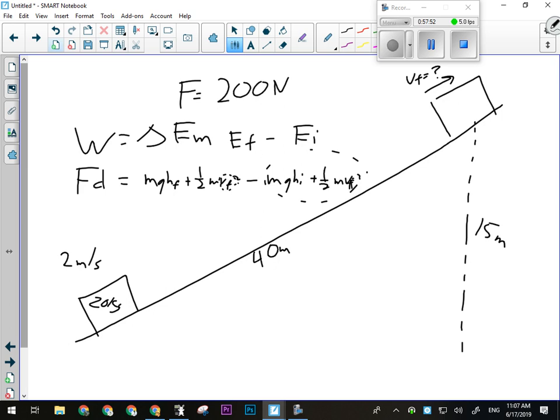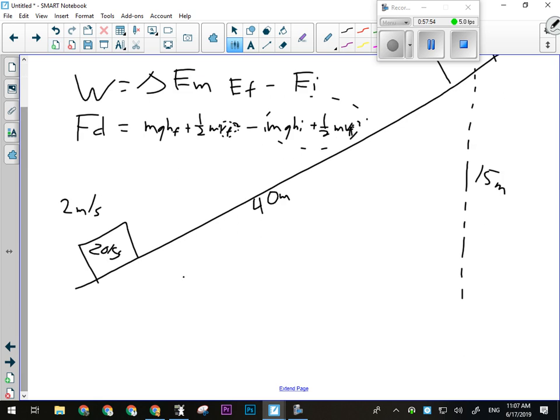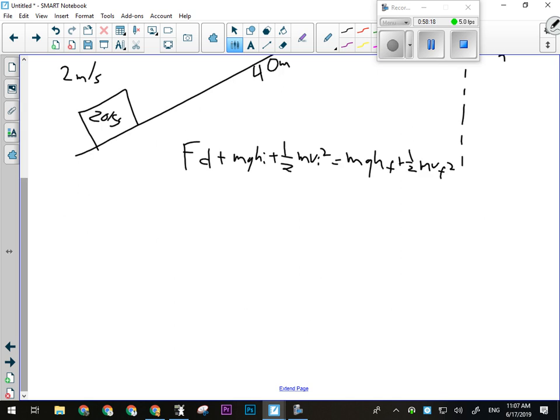All right, so that's my first step. I'm going to have force times distance plus m times g times h initial plus 1/2 mv initial squared equals m times g times hf plus 1/2 mvf squared. What can I do with this? Subtract it, so bring that over.